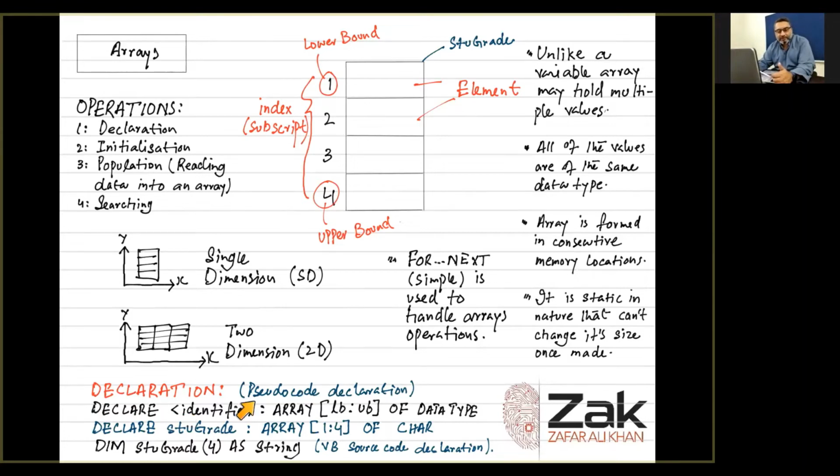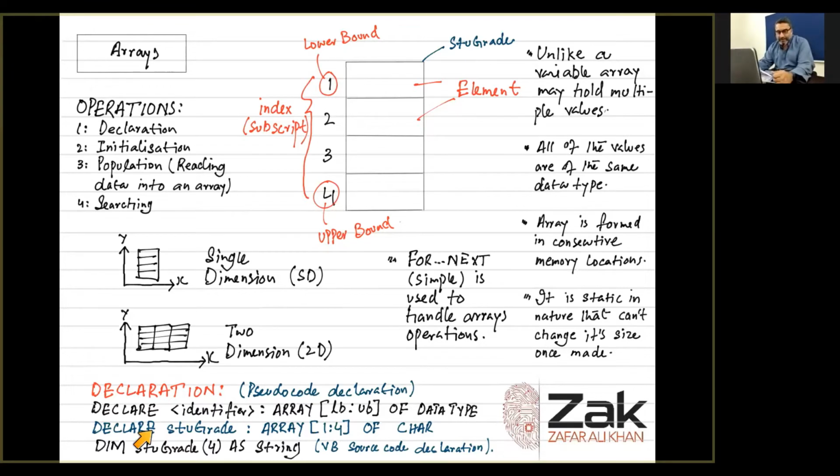We will use this colon as the word "as", and then we would have to write the word array. It's a keyword, then lower bound and upper bound and of data type. If we like to create this array whose name is student grade, lower bound is 1, upper bound is 4, and the data type is character, which may hold just one character at a time.